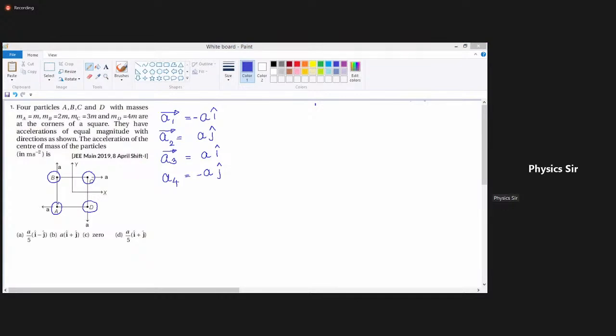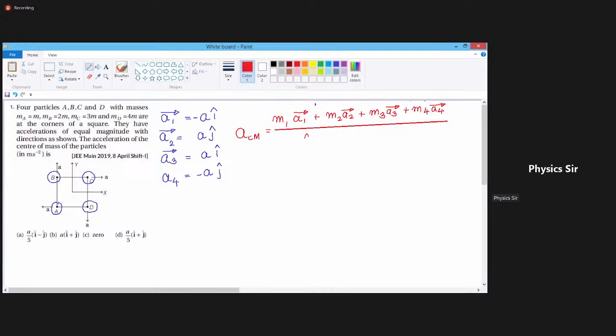Yes. So now the acceleration of the center of mass, this is the formula: m1 vector a1 plus m2 vector a2 plus m3 vector a3 plus m4 vector a4, divided by m1 plus m2 plus m3 plus m4.